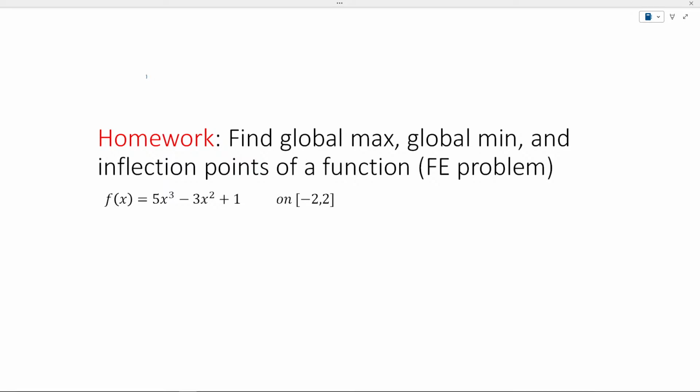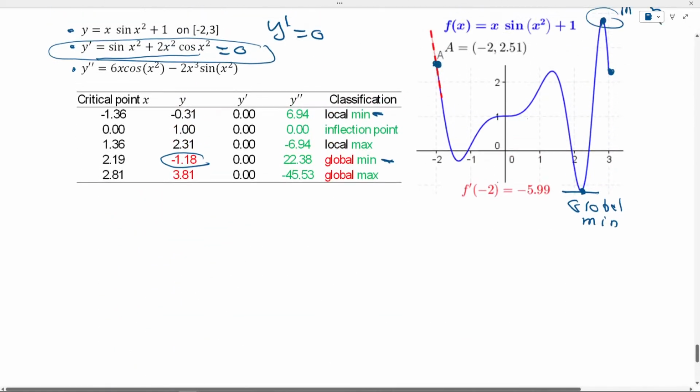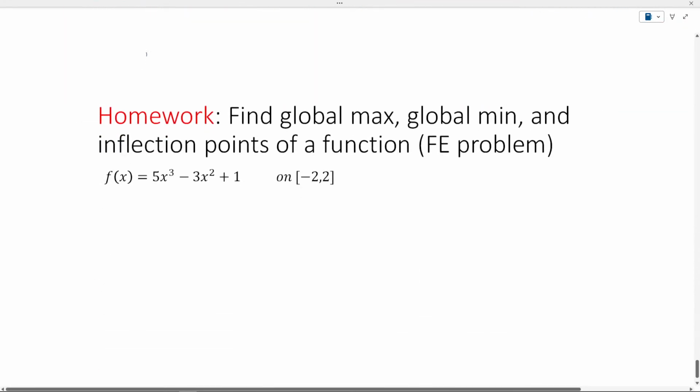So what I want to test here is, do you know the difference between a local and global minimum? Do you know how to evaluate the function at your endpoints and your critical points, and then do something similar to this, and things like that.